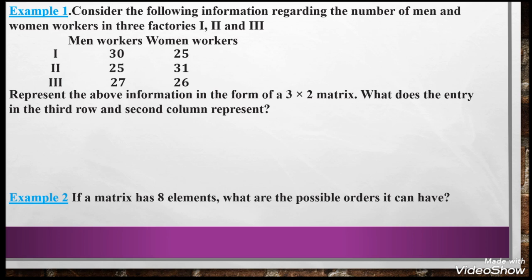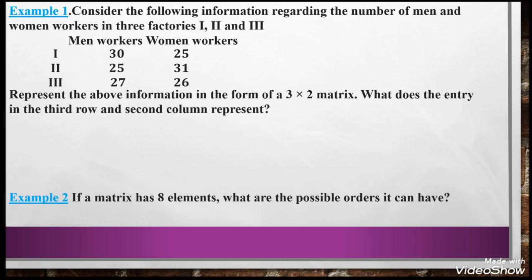Then there is example number 1. Consider the following information regarding the number of men and women workers in the three factories 1, 2, 3. They have given some information.